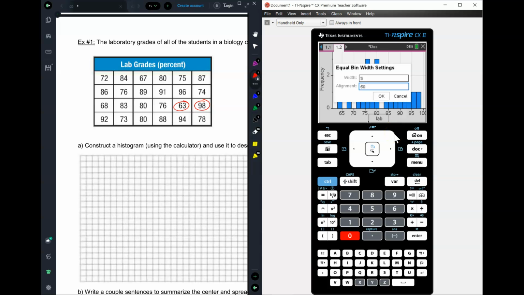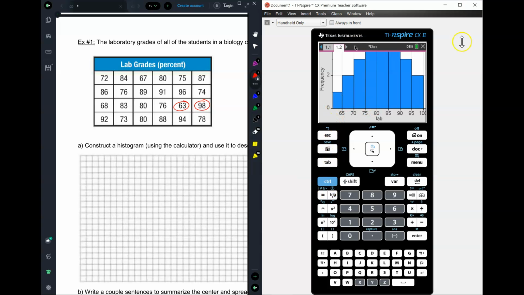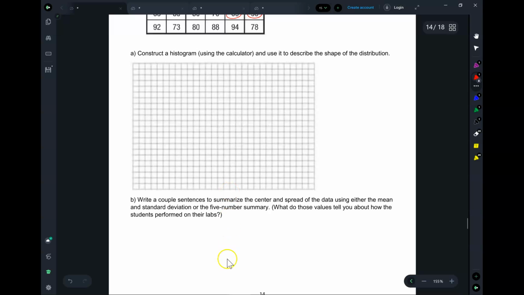Here's what it means. Now look at what we have. Here's my y-axis, and here's my x-axis.